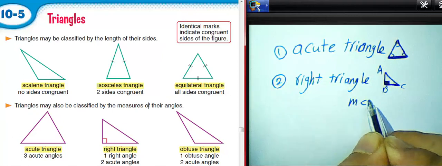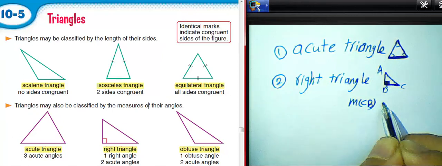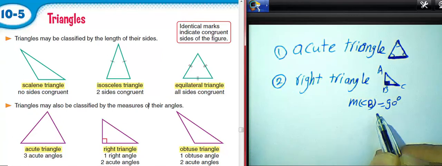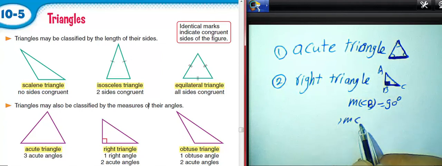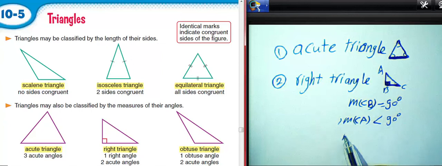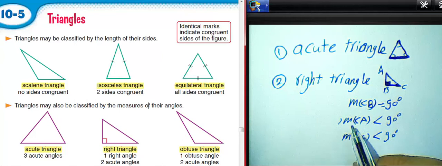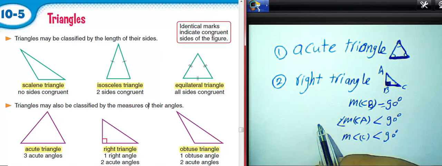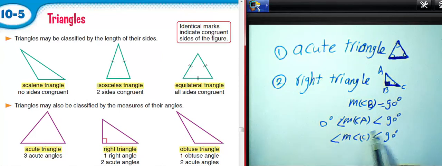Measure of angle B will be 90 degrees and measure of angle A less than 90 degrees. Measure of angle C more than 0 degrees and less than 90 degrees.